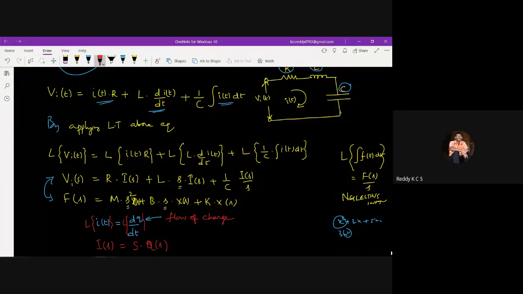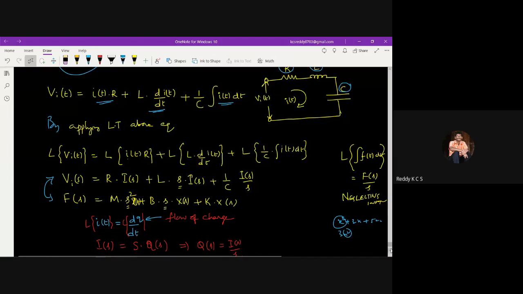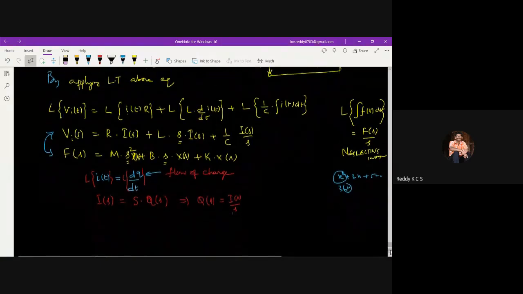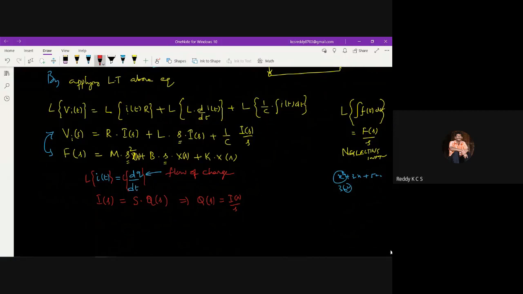So from this I can write Q(s) is equal to I(s) by s. Now replacing the values wherever I(s) is there, I(s) is equal to s into Q(s).